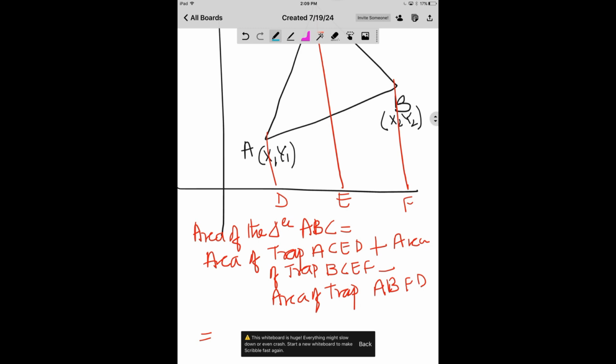Here h, the distance between AD and CE, is DE. So what is DE? DE is x3 minus x1. So that is the distance between the parallel sides AD and CE.